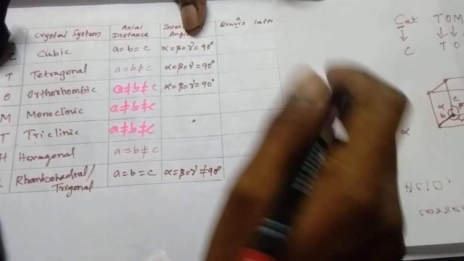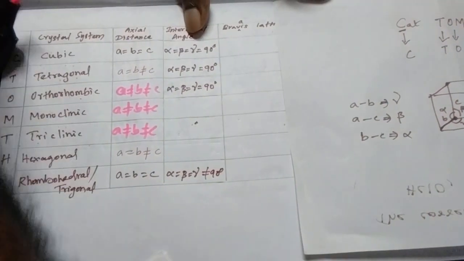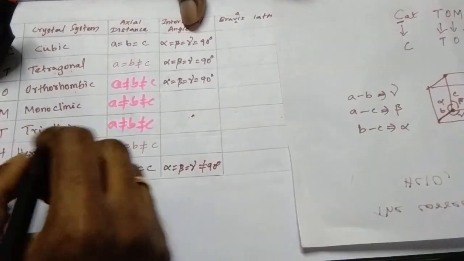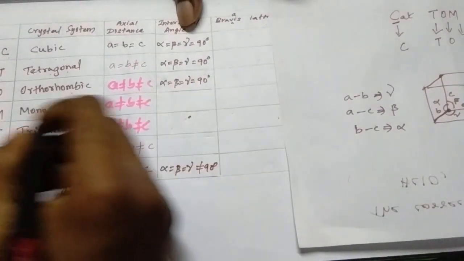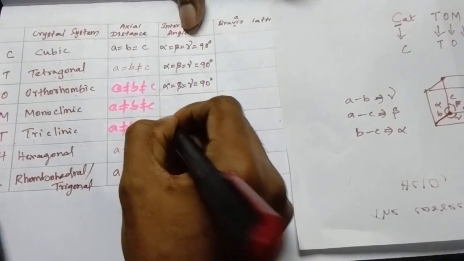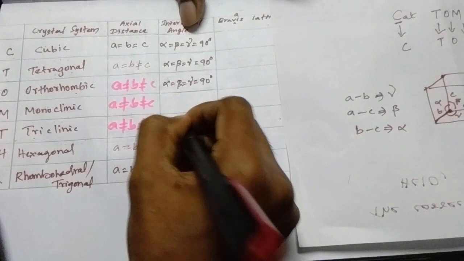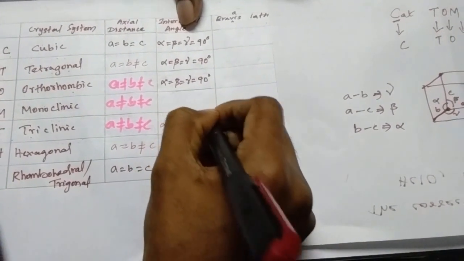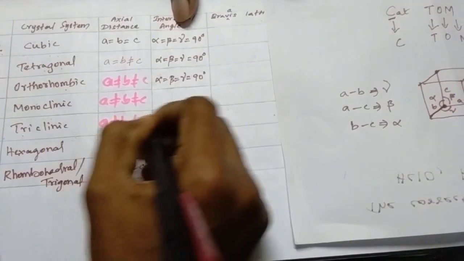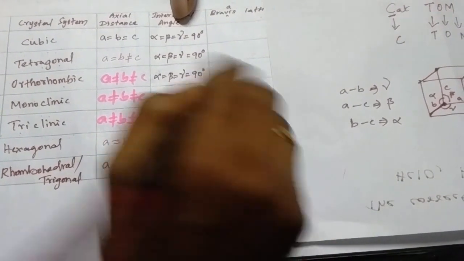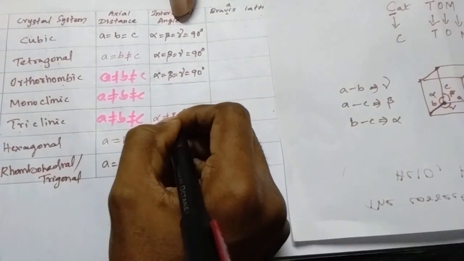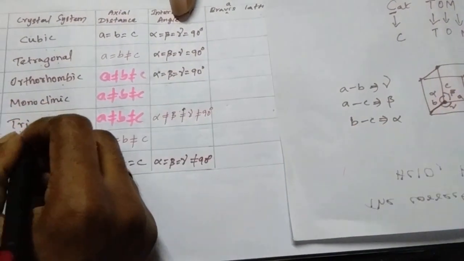Then just remember the triclinic system is an asymmetric system: alpha not equal to beta not equal to gamma not equal to 90 degrees. All three angles are different for triclinic.